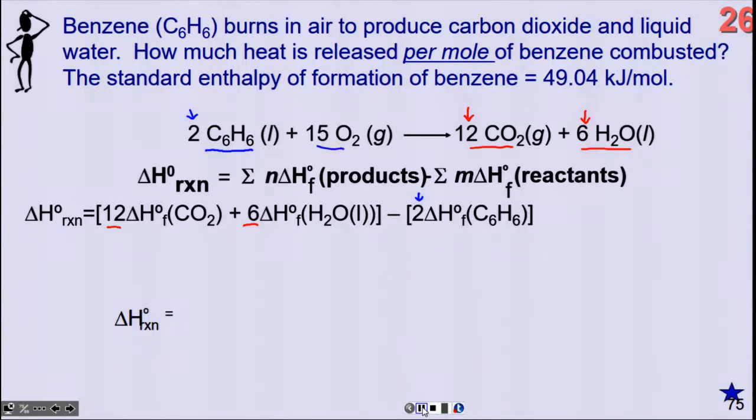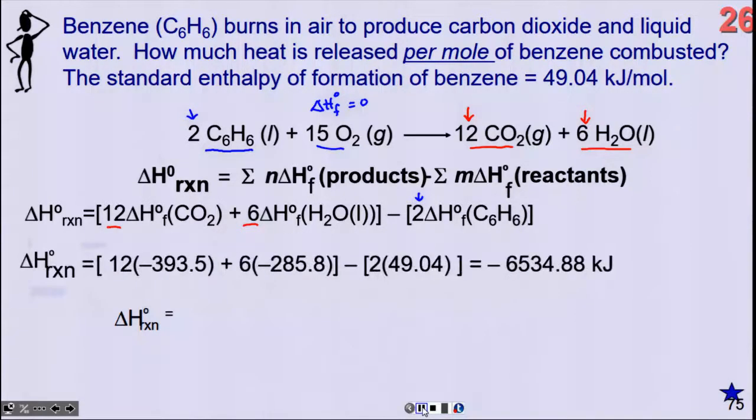And then the oxygen, oh well, hooray, the heat of formation of oxygen is 0. It's an element in its standard state. Don't have to put any more numbers in here. But look at how many places you have to plug in things correctly to get it right. Okay, so the numbers were provided in the previous slide, and we had 393.5 for the CO2 formation times 12, 285.8 for the water standard formation times 6, and then subtract from that.